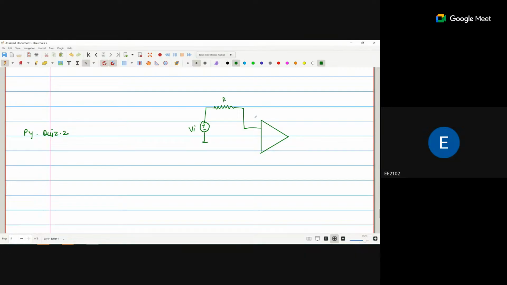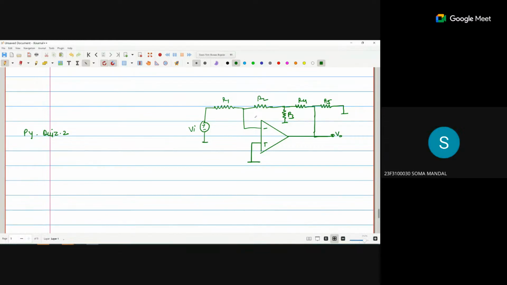R4 is connected with V out. Yes, sir. Please give the idea, then I will calculate.